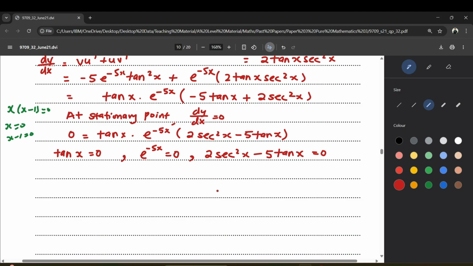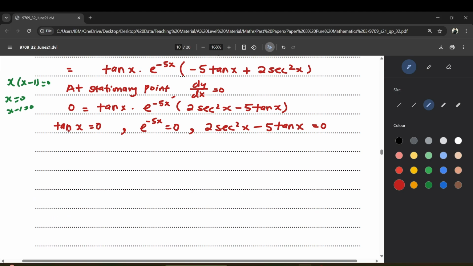Okay, all right. Now when we say tan x is equal to 0, this is something that we have to know the graph of. Okay, so we can find the solutions to this equation if we know the graph. Okay, so the graph of tan x is something like this. Then it goes up. Then you have asymptotes at 90 degrees, so that will be pi upon 2.